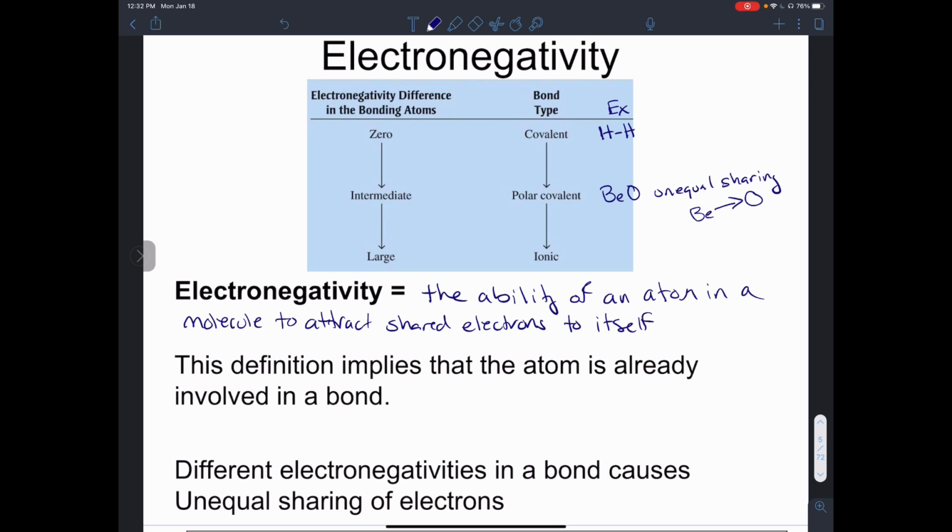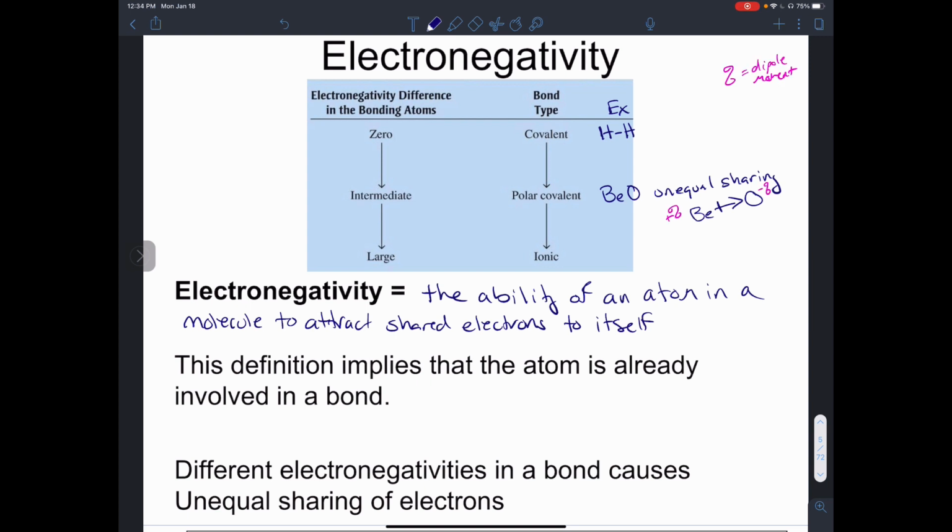Sometimes to show that, we'll draw a little dash in the middle of the Be and the O, and an arrow that shows the electrons are pulling more towards the oxygen. The little plus at the butt of the arrow is saying that what remains is more positive, even though these things are still bound together.